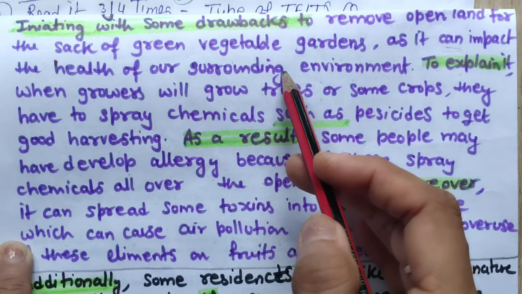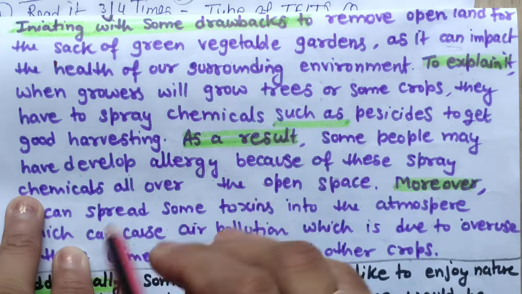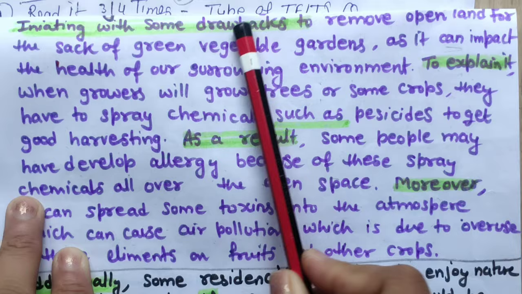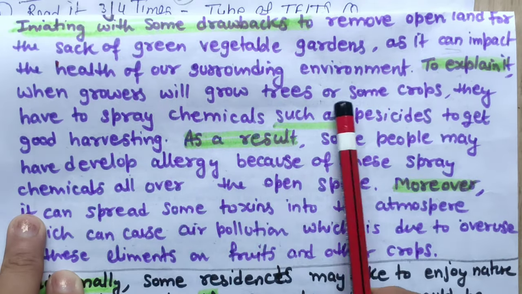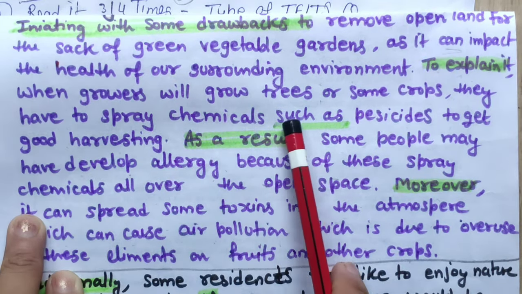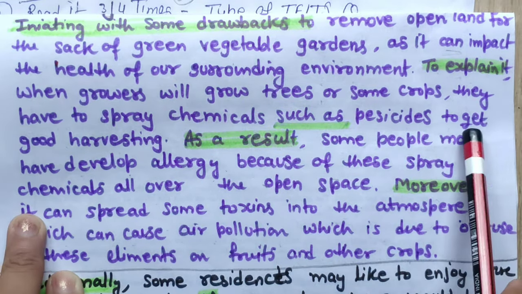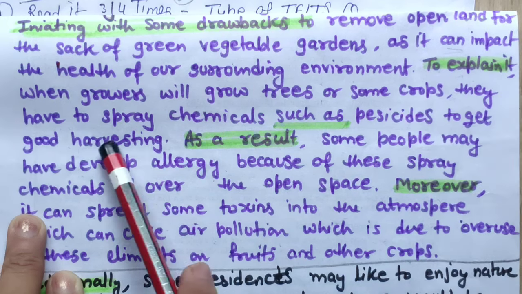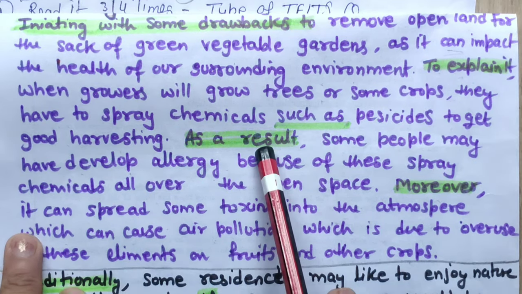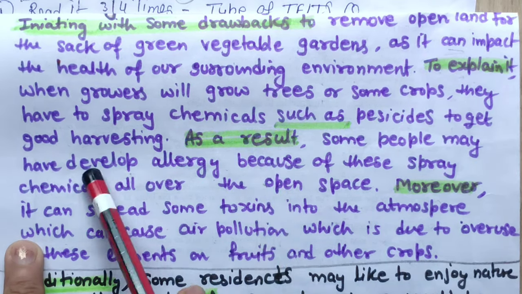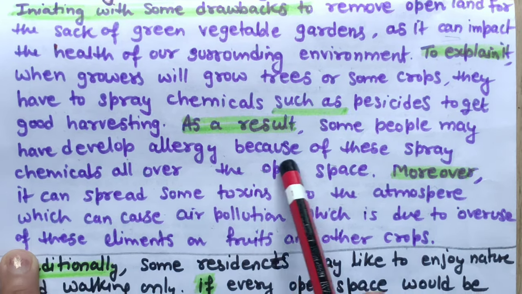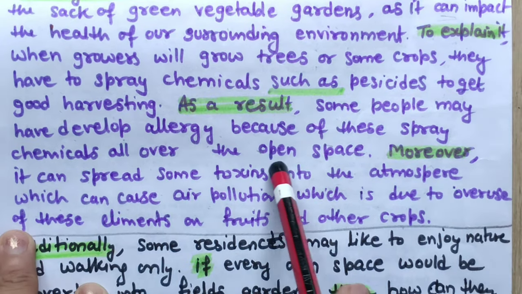Now I have announced my points, now I am explaining it. To explain it, when growers will grow trees or some crops, they have to spray chemicals such as pesticides or fertilizers, and fertilizers you can write, to get good harvesting. As a result, what will happen? Some people may have developed allergy because of these spray chemicals all over the open space.